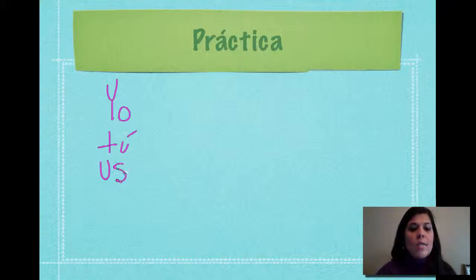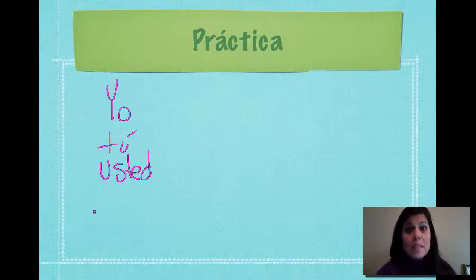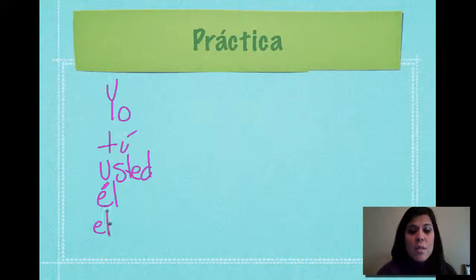And then you have usted. It's more formal. You use that when you're trying to show some respect to somebody. So maybe for your grandparents or your principal at your school, you will say usted instead of tú. For he, we have él. Again, accent marks. For she, we have ella.